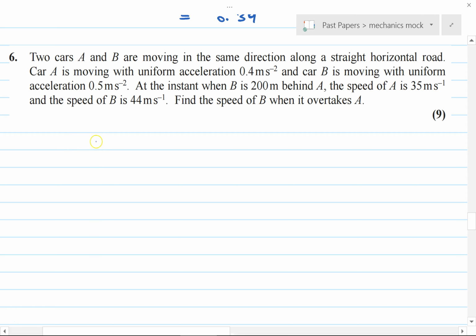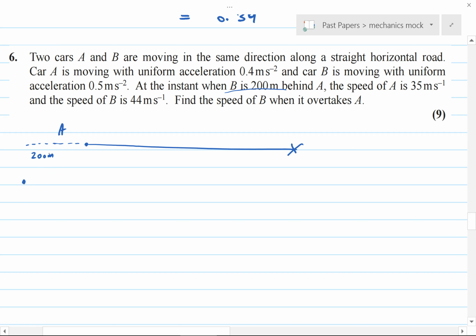Because if we look at what car A has done, it travels some distance, but it's 200 meters behind. It's the instant when B is 200 meters behind.